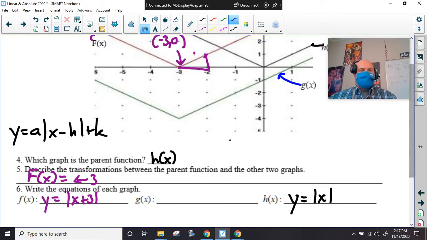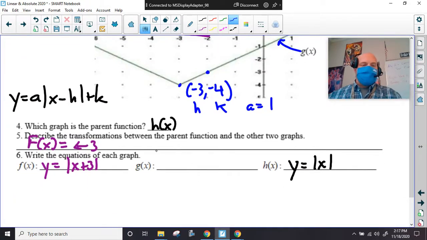Now, g of x, this one's been moved around all over the place. This has a vertex that looks like it's at -3, and then down 4, so -4. So that's my h, that's my k. Again, to find my a, I go up to this next y value and over. So my a is 1.